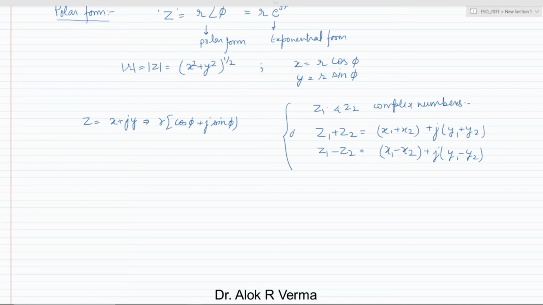So this is addition, this is subtraction. Now multiplication, if you see, we can write z1 z2, right?